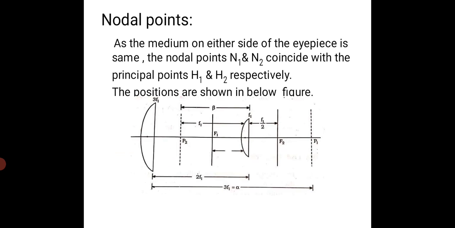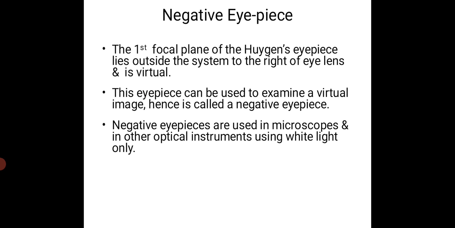P2, P1, F2, F1 represent the second and first principal points and focal points respectively. The distance between the eye lens and F2 is f1/2, and from the field lens the eye lens is 2f1 apart. So, that is about the cardinal points.